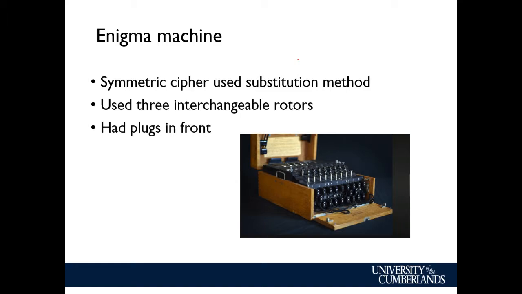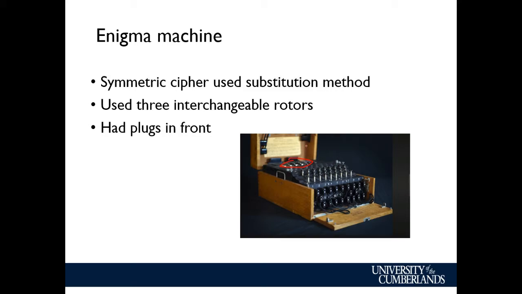But it is a symmetric cipher. It used substitution methods. So you'd hit the letter A, and it would come up as a letter C or D or an X, however. And it had three interchangeable rotors, which you can't really see. They're right in this area. And they were changed out. I think they would be supplied with about 5 or 6 of them, and they'd say, put this rotor in, put that rotor in, put it in this place.